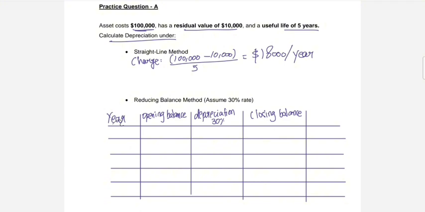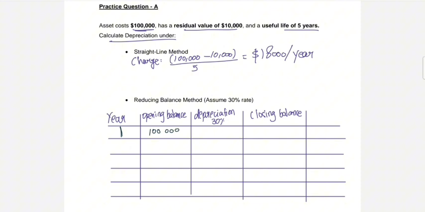In the first column, we have year, which is going to be basically the year for which we're calculating the carrying value or the depreciation. So we are going to be listing that as year 1. Then we have opening balance, which is simply the value of the asset at the very start of the year. All right, at the very start of the year, what is the value? Then we have depreciation charge, which is 30%. So depreciation will be charged for that one full year, right? So here we have year 1. Opening balance is going to be 100,000.